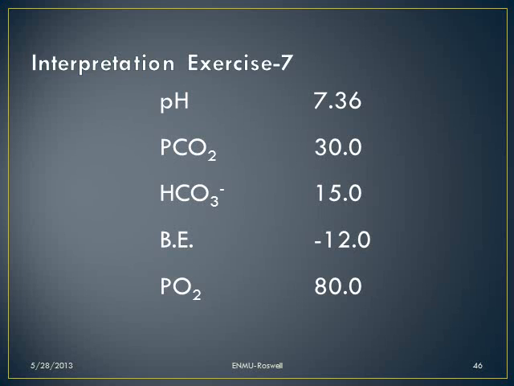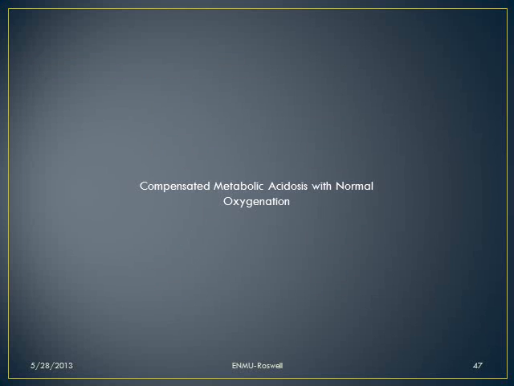CO2 at 30, and CO2 is dropping off, isn't it? So do we have partial compensation? pH is normal, so fully compensated. Compensated metabolic acidosis with normal oxygenation.